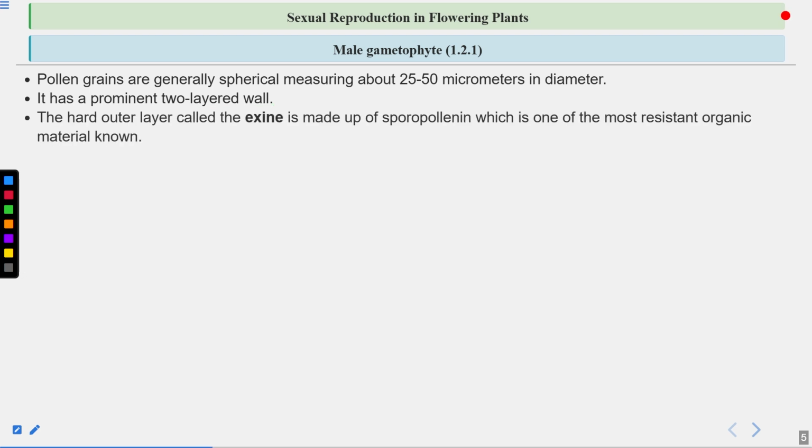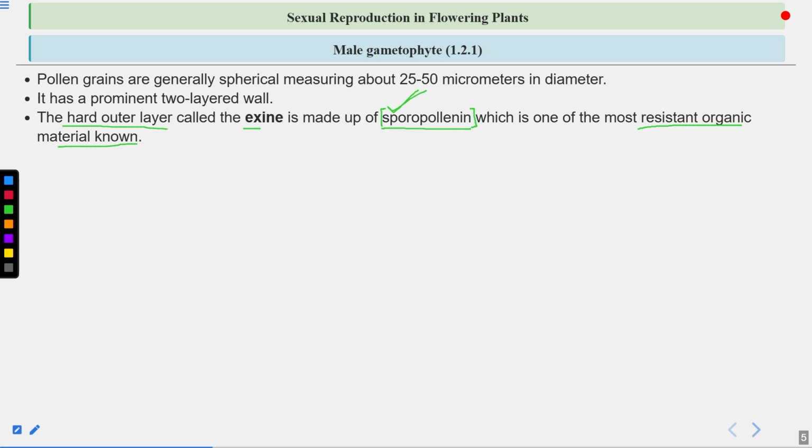Now, the hard outer layer called exine is made up of sporopollenin. This is the chemical constituent of it, called sporopollenin, which is the most resistant organic material known. Now we can think about what is the organic substance of which this sporopollenin is made up.